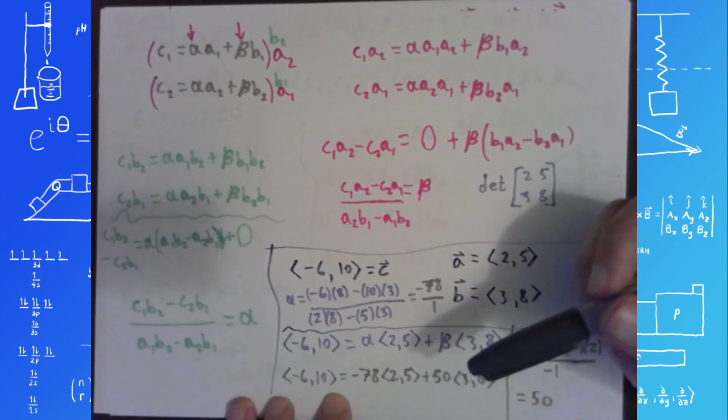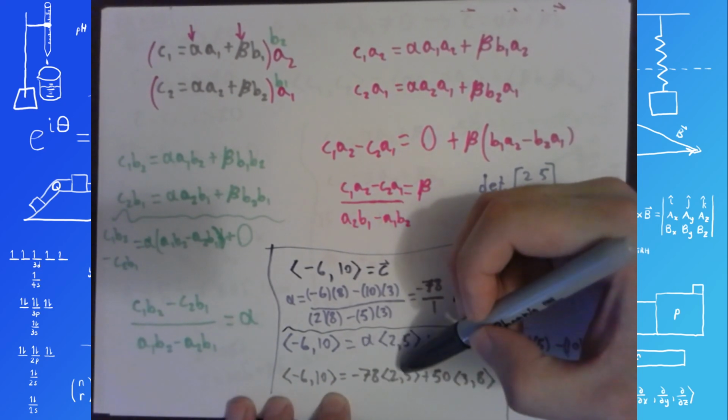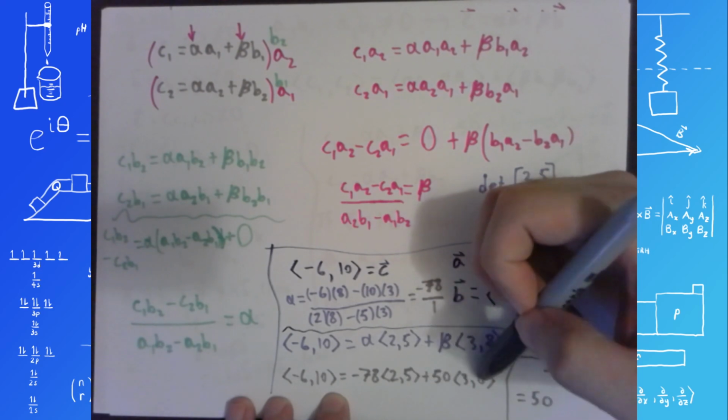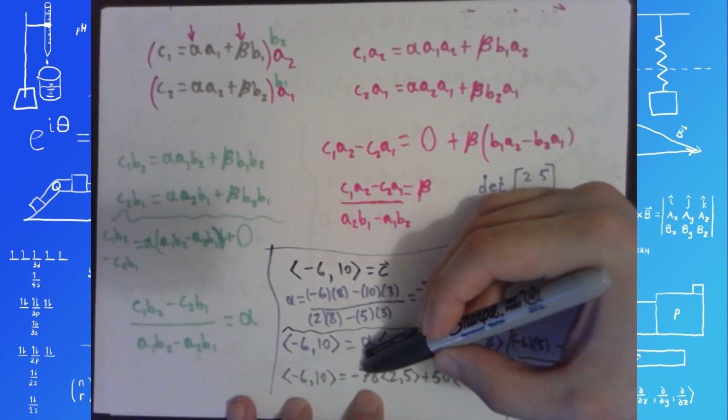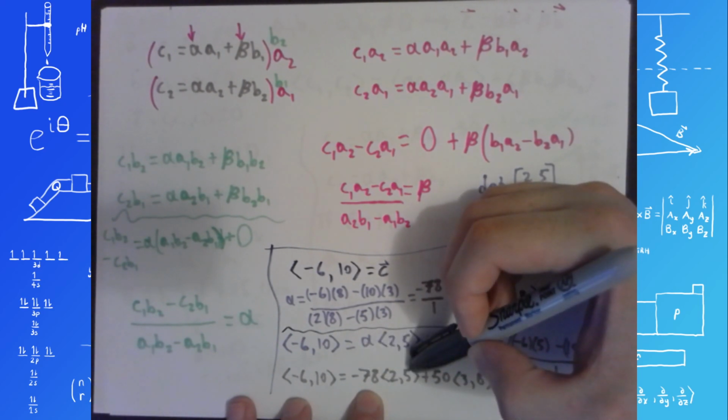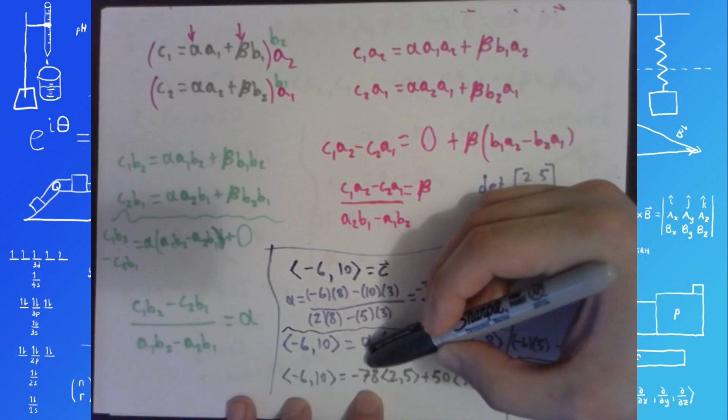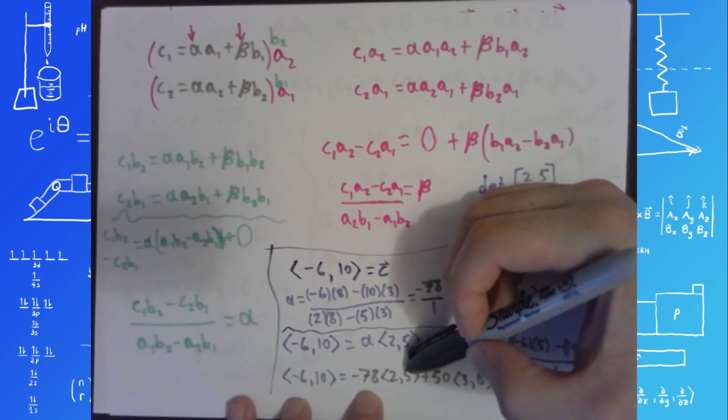And then for the 10, negative 78 times 5 plus 50 times 8. Oh boy, again, I'll do negative 80 times 5. That would be negative 400. Add back 2 times 5, so add back 10.